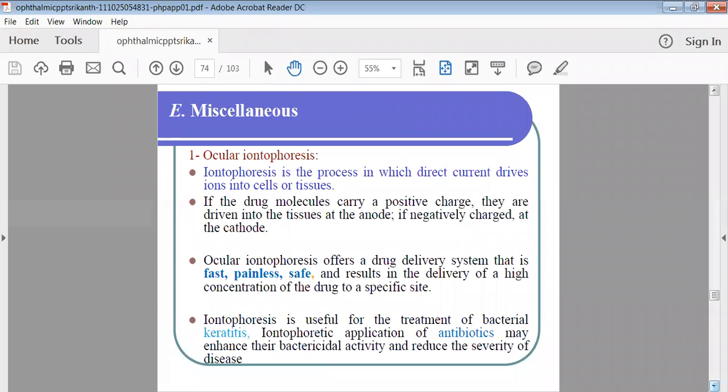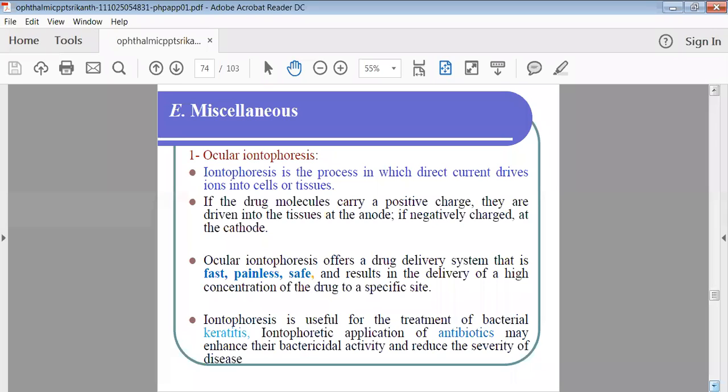Then miscellaneous types of therapy are there for ophthalmic purposes, like ocular iontophoresis. Ocular iontophoresis is the process in which direct current drives ions into the cells or tissues. Here, drug molecules carrying a positive charge are driven into the tissues at the anode, and if negatively charged, at the cathode.